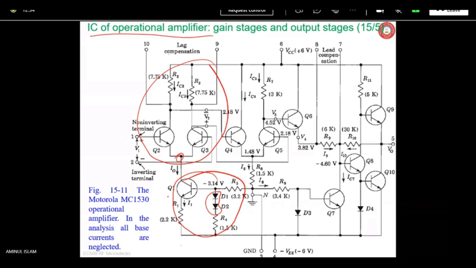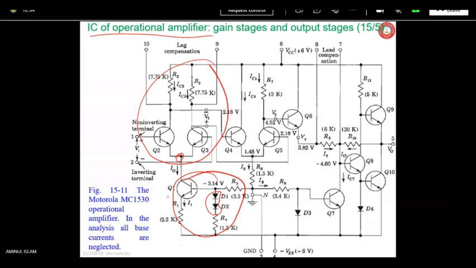The DC base voltage VBN1, N is the neutral. It has positive as well as negative supply, plus 6 volt and minus 6 volt VEE, and 0 is N, the neutral point.